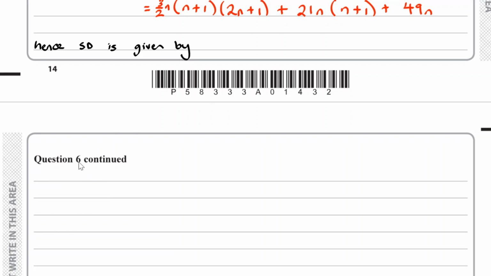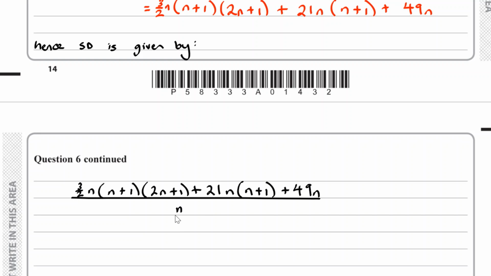well, we have that bit over here, so we have 3 over 2n lots of n plus 1 lots of 2n plus 1 plus 21n lots of n plus 1 plus 49n divided by n minus 136 squared, square rooted.